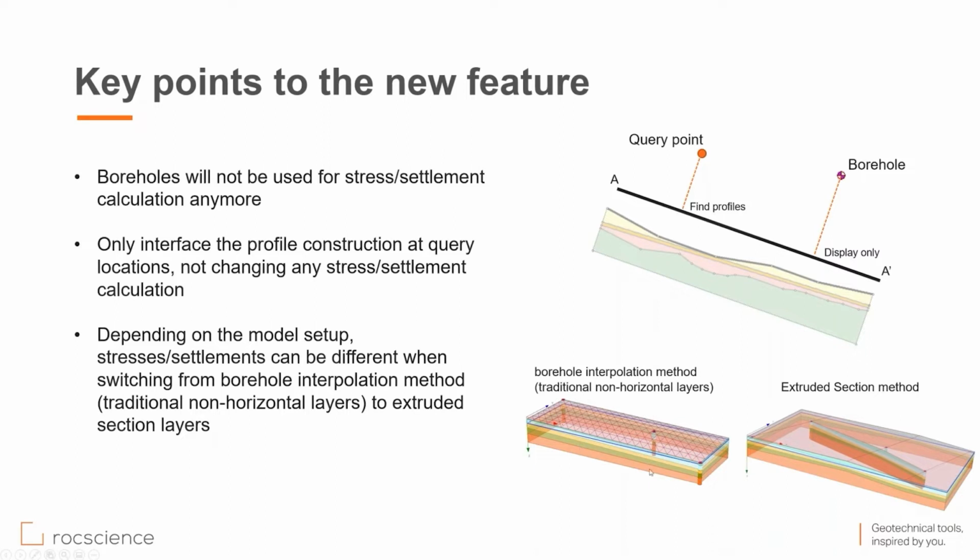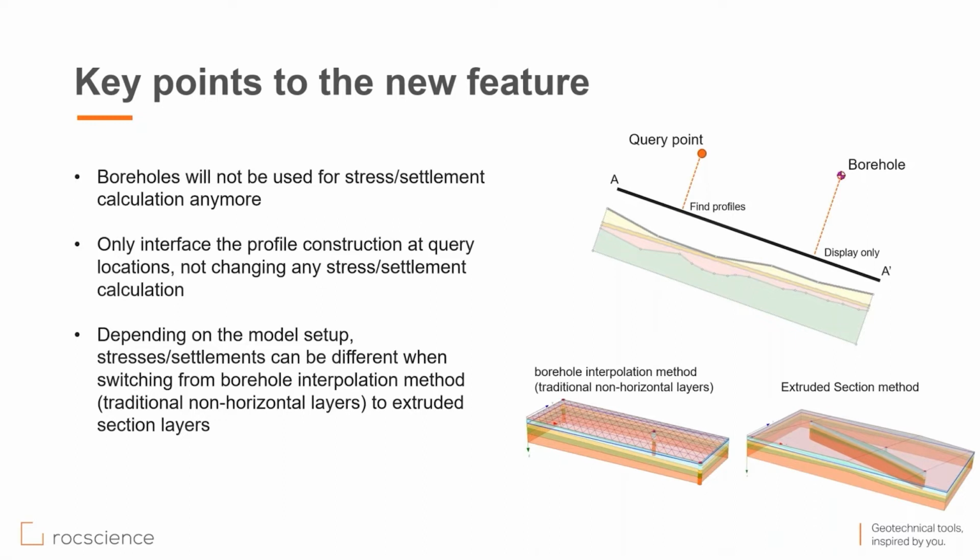If you compare these two screenshots, for example, at some locations of the borehole interpolated geometry to the left, such as the boundary of the modeling region over here, looks very different from the extruded section over here. And this will definitely affect the final results if a load and a query point are added at those locations.